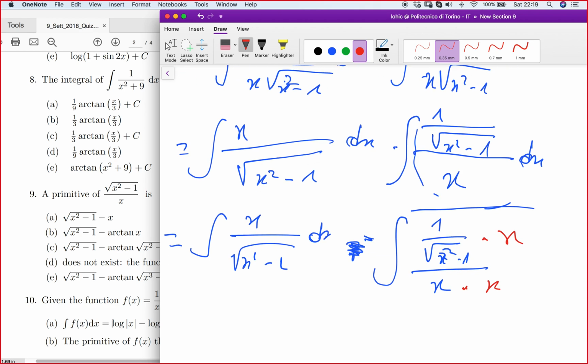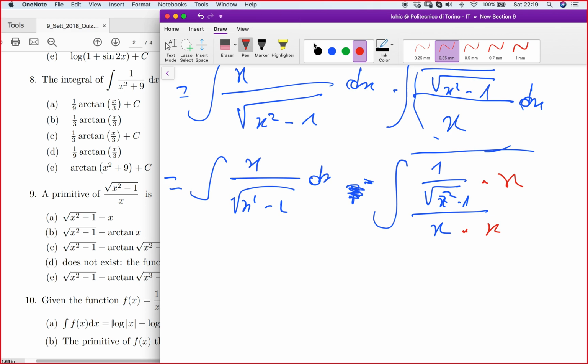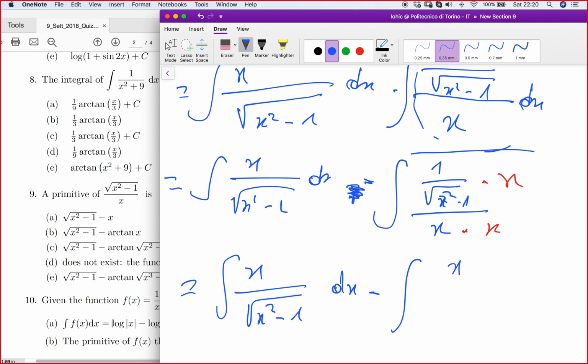It's the same thing, right? Now what comes out? It gives me the integral of x over square root of x squared minus 1 in dx, minus the integral of x over square root of x squared minus 1 over x squared in dx.